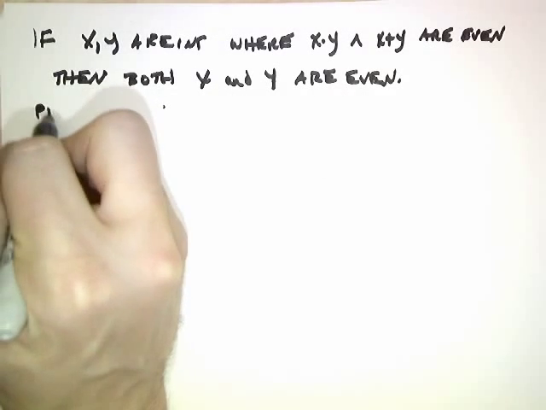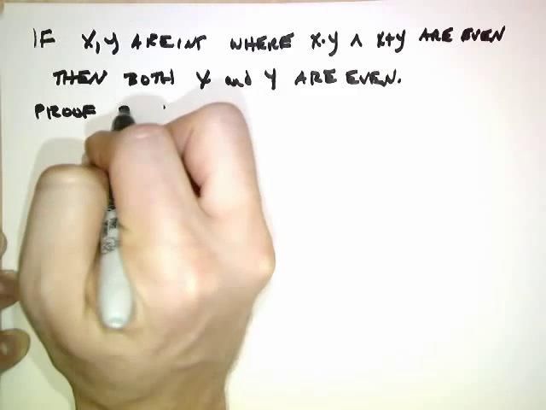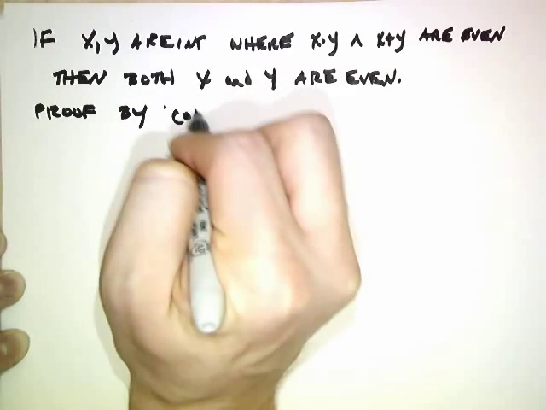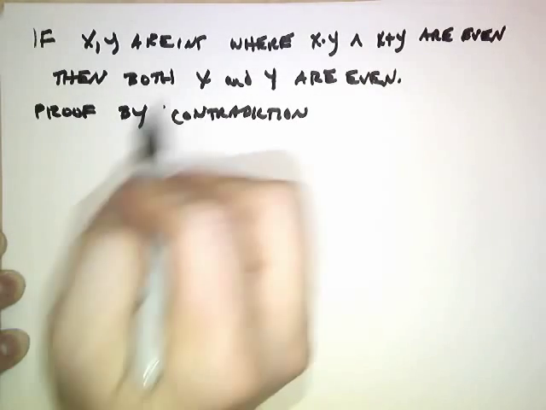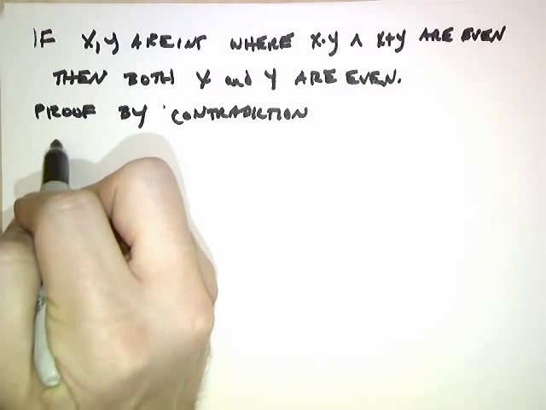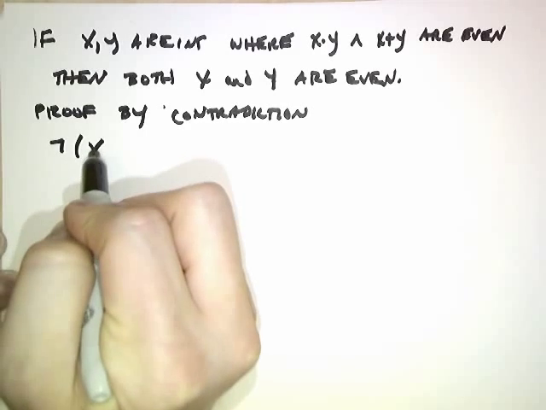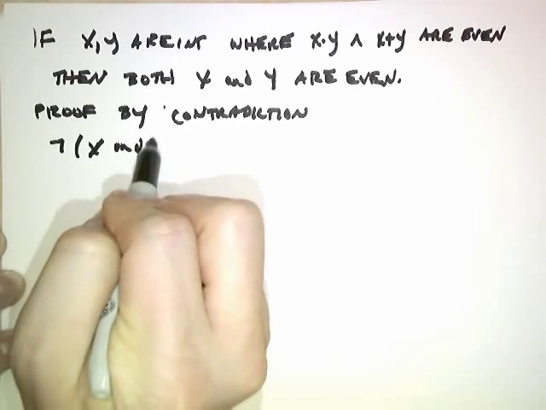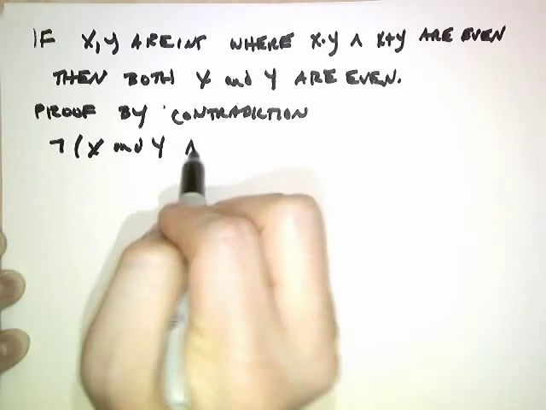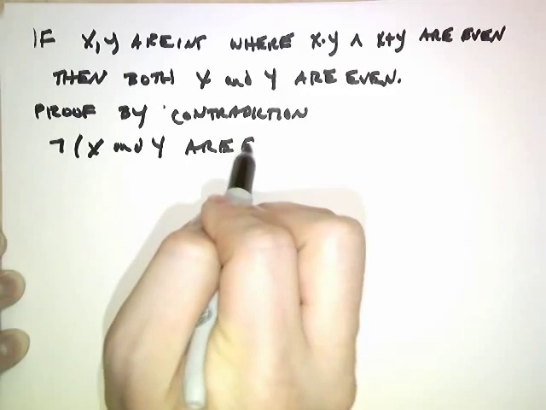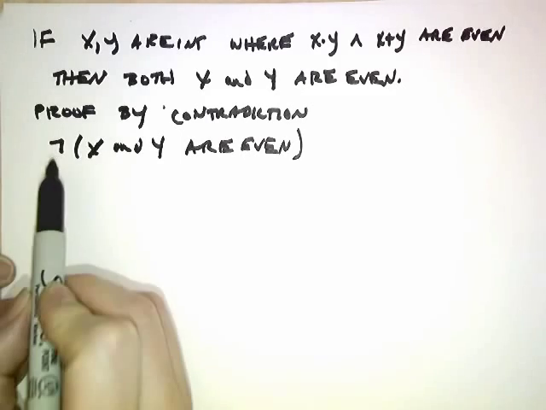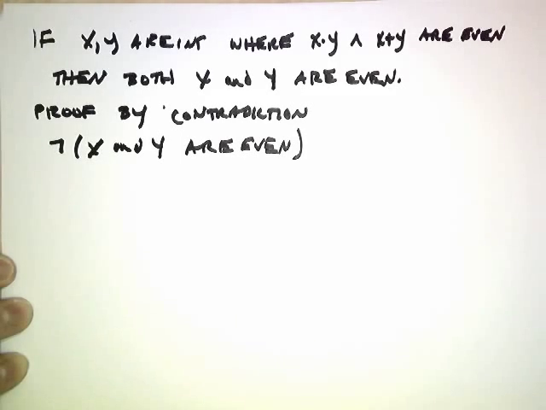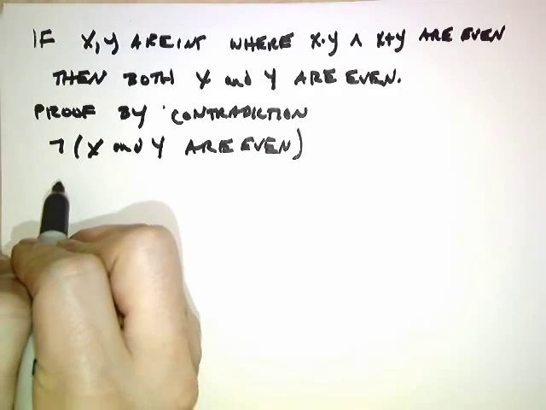So let's do a proof by contradiction. And we'll assume that it's false. So assume that it's not the case that x and y are even. Okay, well if it's not the case that x and y are even, then what cases do we have to consider?